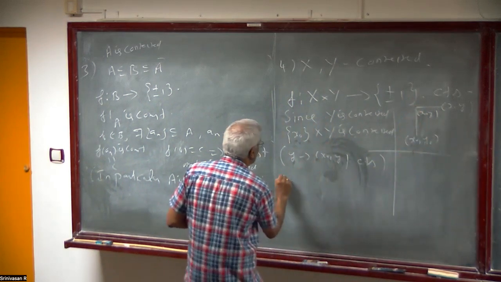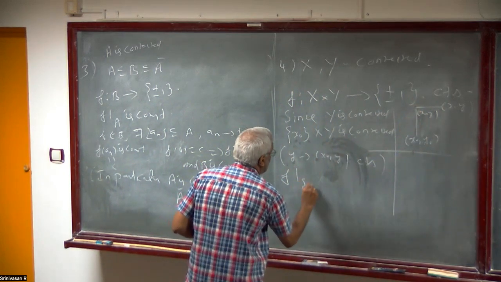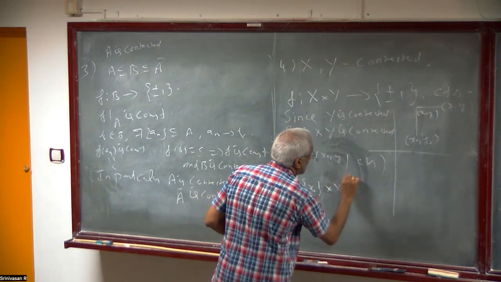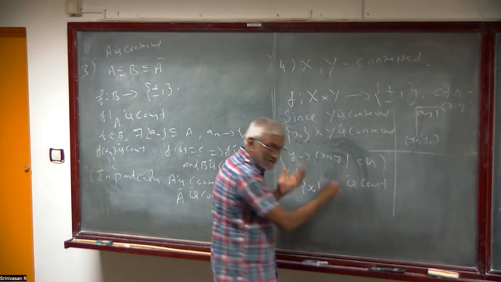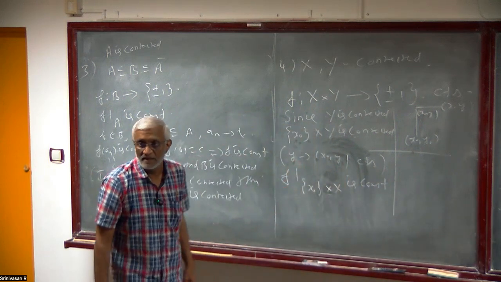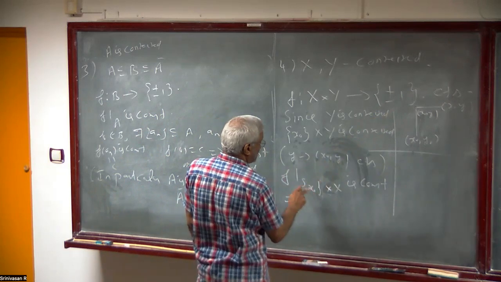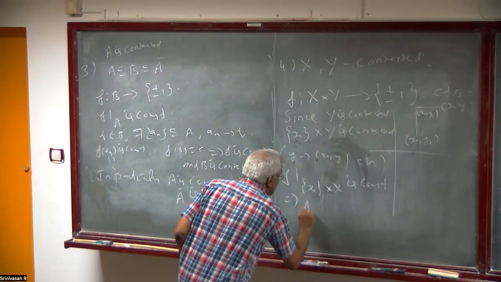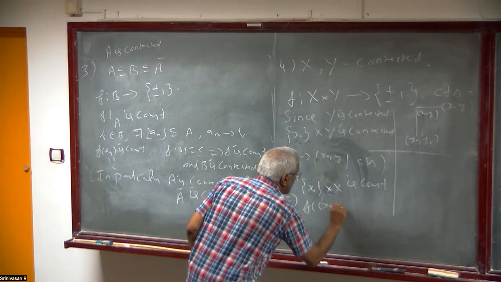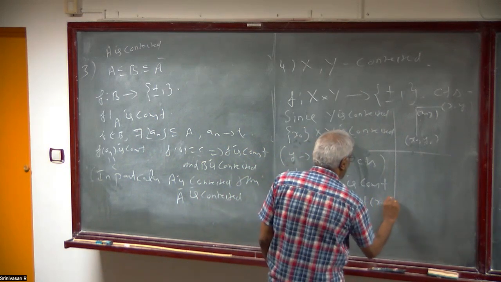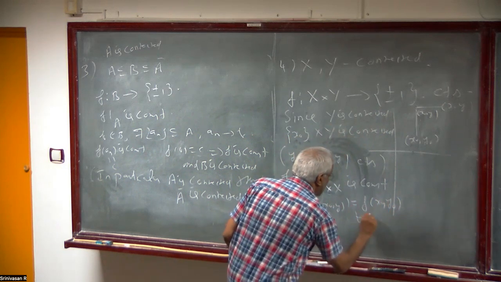So this implies f restricted to x0 cross Y is constant, because restriction is of course a continuous function. So because this is connected, this is constant. So this implies f of (x0, y) is equal to f of (x0, y0) for all y.